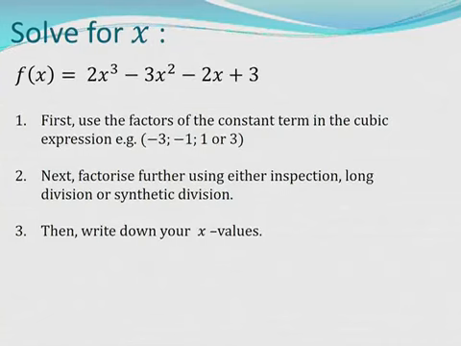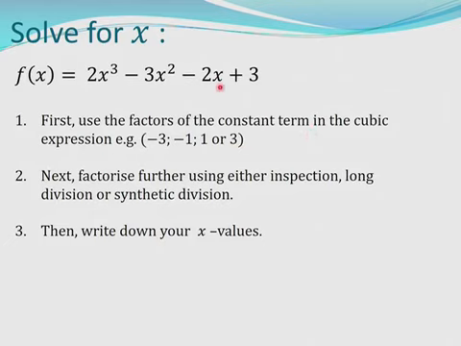Notice this example given. We are asked, solve for x. f of x is equal to 2x cubed minus 3x squared minus 2x plus 3. Step number 1, we first have to use the factors of the constant term. You see that positive 3? That is the constant term. We use the factors of that term in the cubic expression.